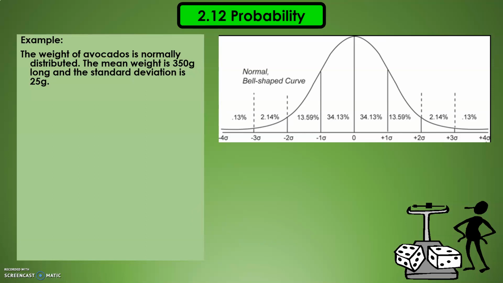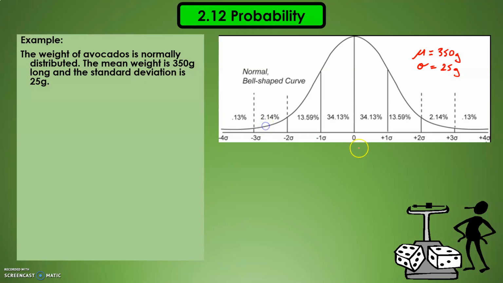So we've got the weight of avocados is normally distributed with a mean weight of 350 grams and a standard deviation of 25 grams. So looking at the bell curve, what that means is that we've got a mean of 350 grams and a standard deviation of 25.